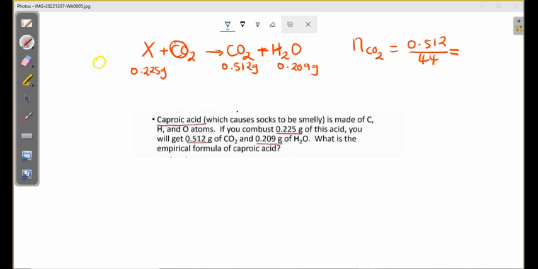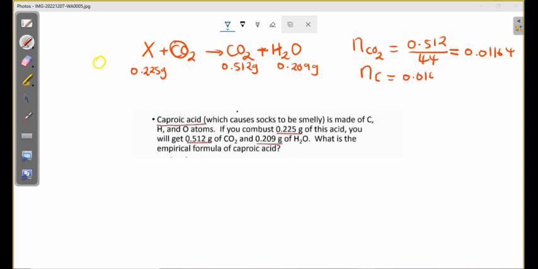What do you get? 0.01164. Okay, we know that the number of moles of carbon dioxide is going to be equal to the number of moles of carbon because they are in a ratio of 1 to 1. So the number of moles of carbon is equal to 0.01164. This is in moles.